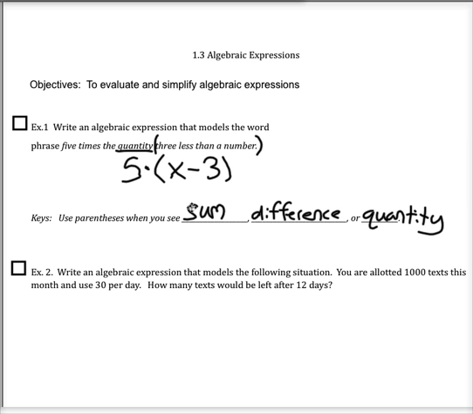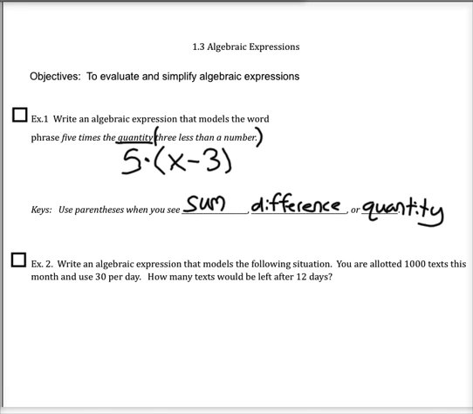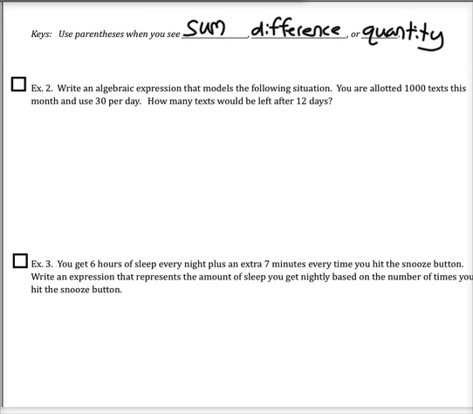Now, in our next example, you'll see some other words that I want you to identify. Write an algebraic expression that models the following situation. You are allotted 1,000 texts this month and use 30 per day. How many texts will be left after 12 days? The word I want you to notice is per.